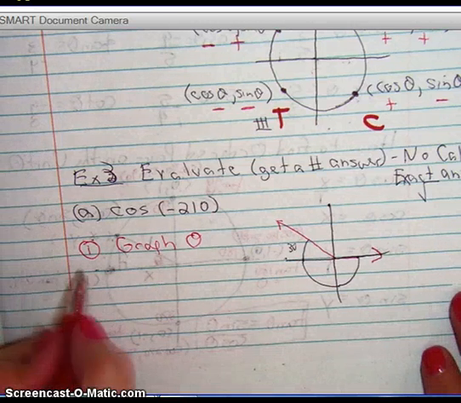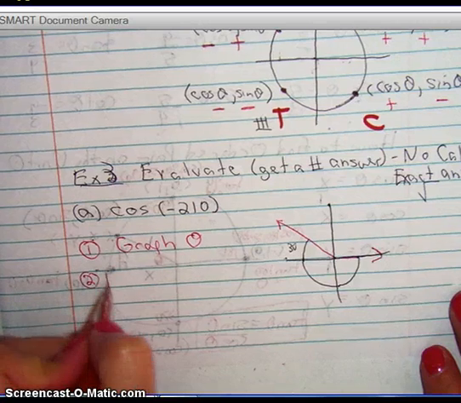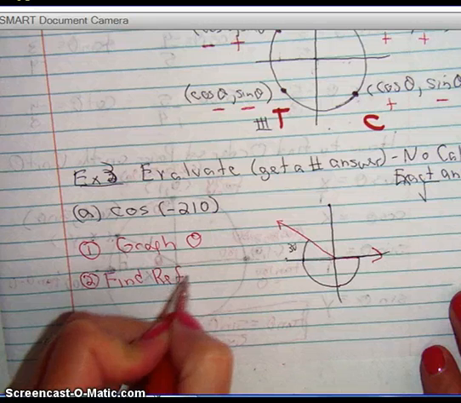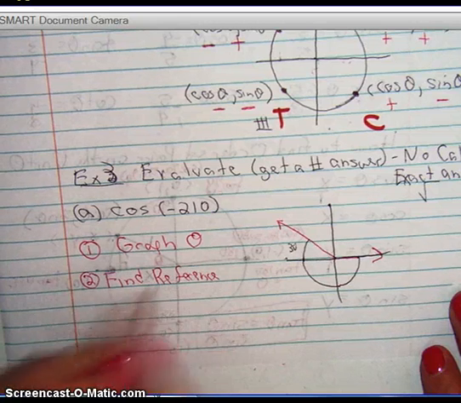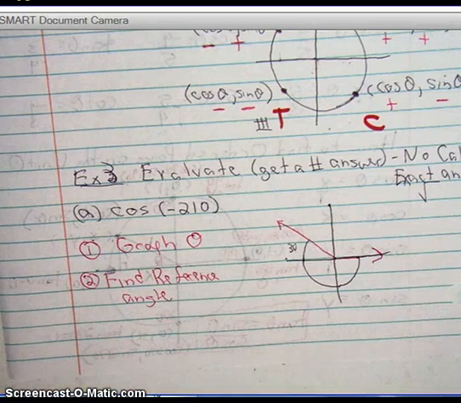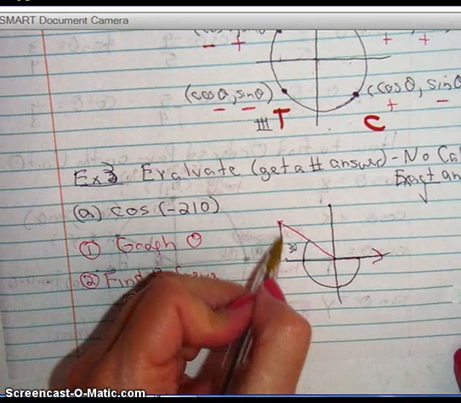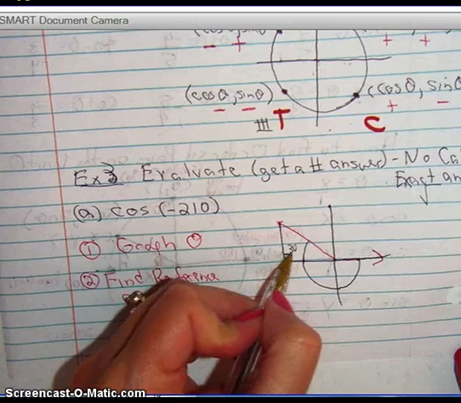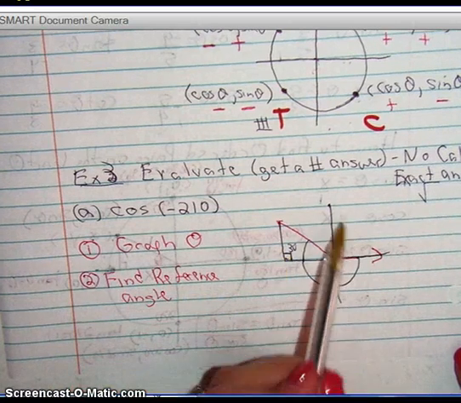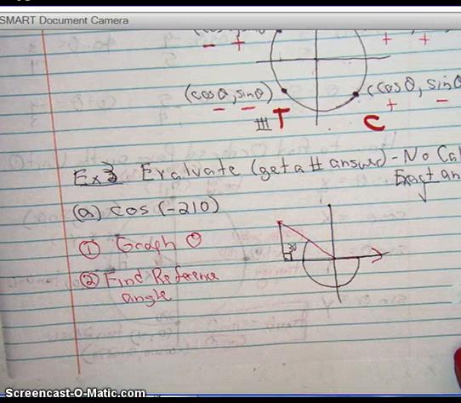Step number 2. Find the reference angle. Remember, all that means is drop your altitude to the x-axis, make a right triangle, never to the y-axis, guys, always to the x.